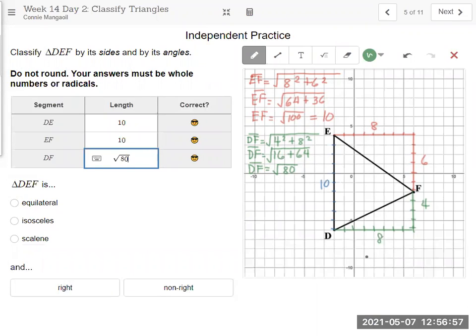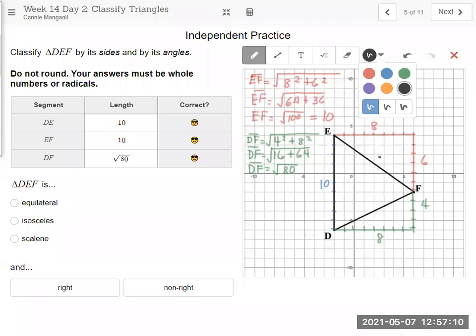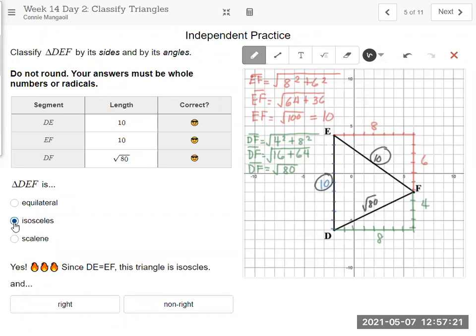DE is 10, EF is 10, and DF is square root of 80. What kind of a triangle is this? Isosceles triangle. So you have an isosceles triangle here.